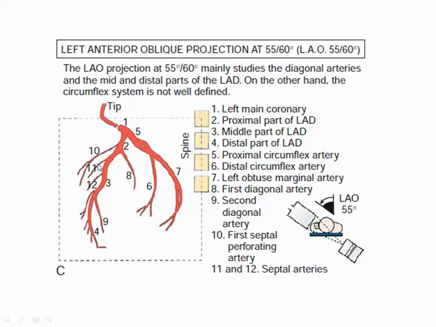Okay, this is diagonal, this is diagonal, so this is the proximal LAD, this is mid, and this is the second diagonal, this is the distal LAD. And this is the septal perforator. I said to you before, it's Y-shaped small branches perforating into the septum. What's this? OM, yes. OM, and this is X. It is non-dominant because the inferior wall is not supplied by the RCA. Okay?